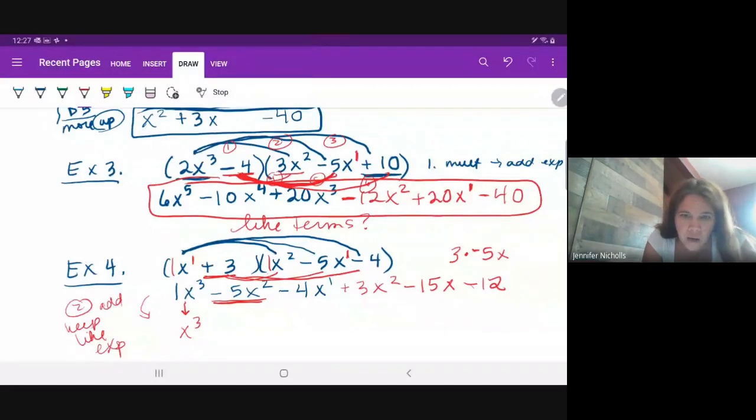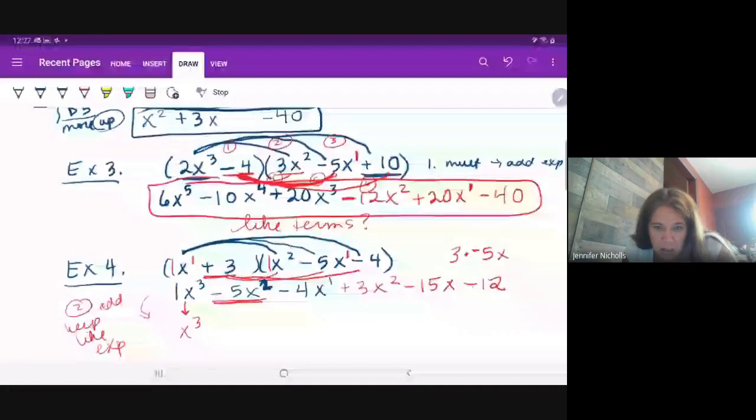So not one of them. See, the 5x has a second power on it? I don't know if you wrote the second power on your paper because sometimes people leave it out. Yes. So this one and then the positive 3x to the second.